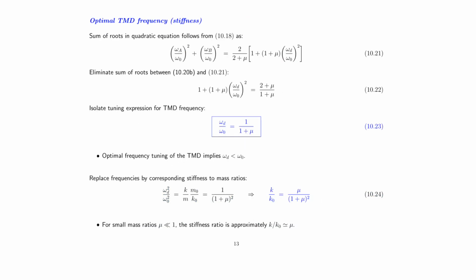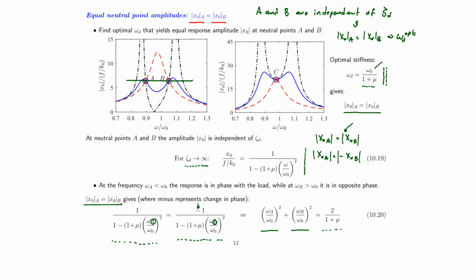And this is expressed here in 1021. So now we have two expressions for the sum of omega A squared and omega B squared. We have the solution from the roots of the quadratic equation, and we have a solution based on our design condition, namely that the amplitude should be the same in A and B.